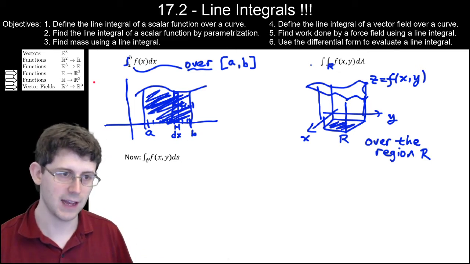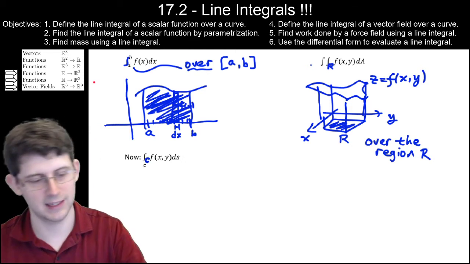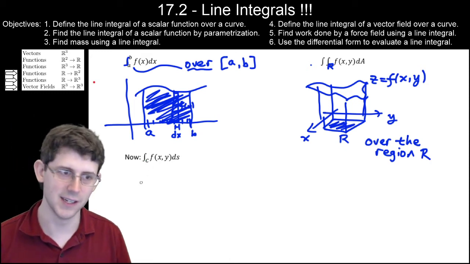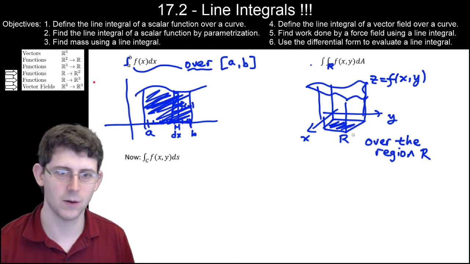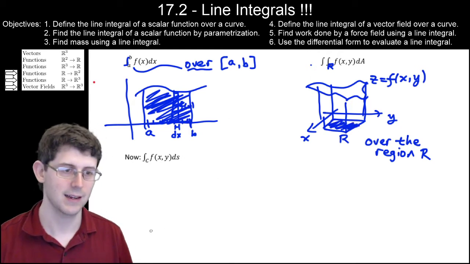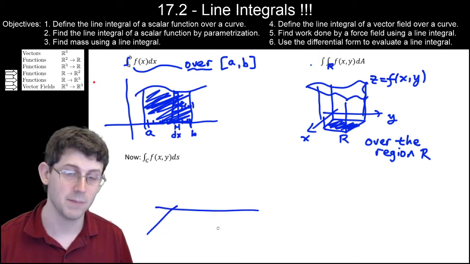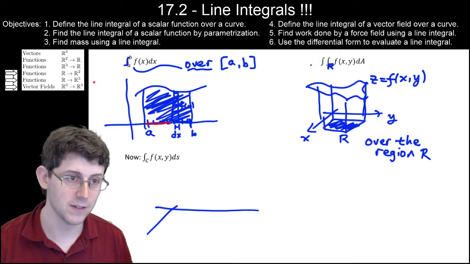Well, the new thing we have to do, a different kind of integral, is a line integral, and that's probably the worst possible name. We kind of need to call it a curve integral. But what we'll do is instead of having the base be an interval or a region in the plane, the base will be a curve, maybe in the plane or in space. So the base here was an interval.